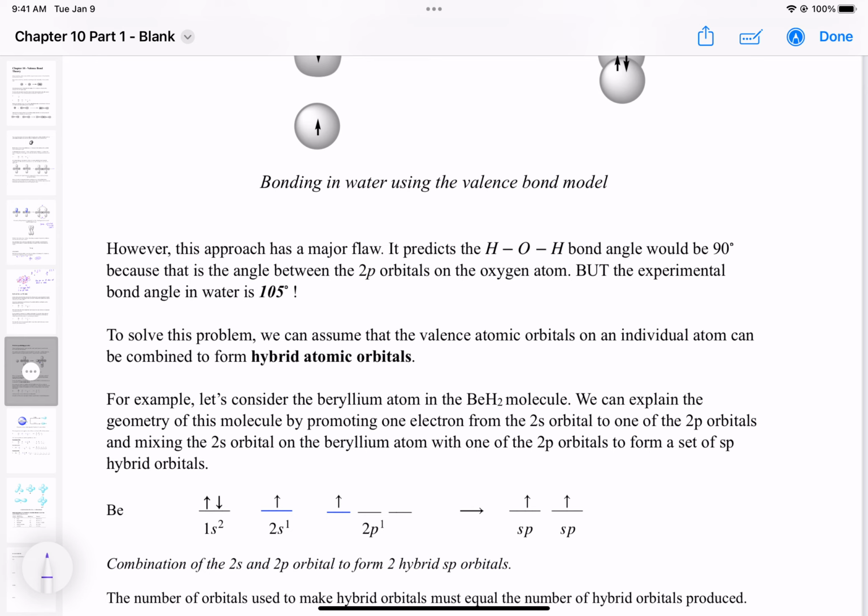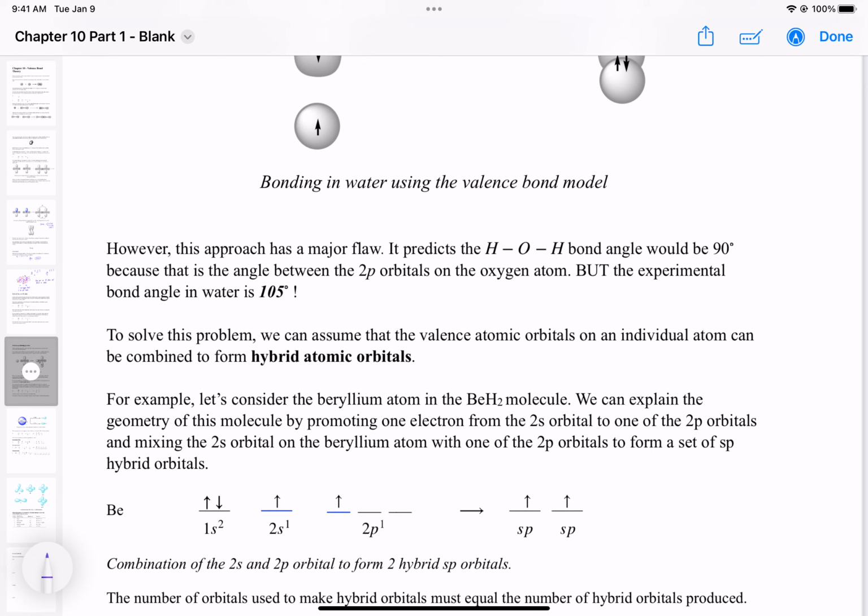So let's consider the beryllium atom in the BeH2 molecule, beryllium hydride. The geometry of this molecule, we can explain by promoting one electron to the p orbital. So one electron from the 2s orbital gets promoted to the 2p orbital. Now we have two unpaired electrons.